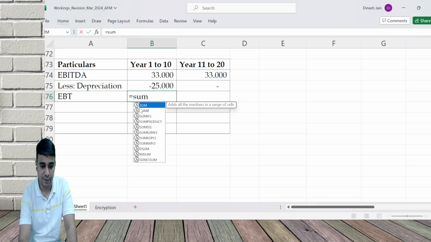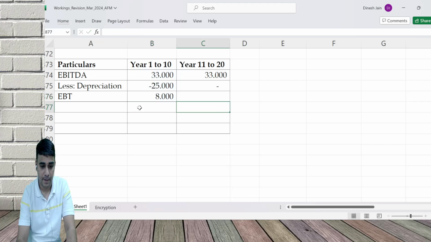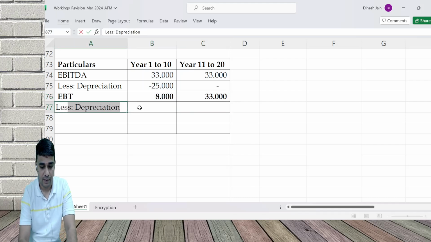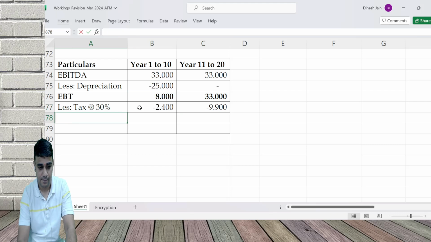EBT, earnings before tax. Less tax at what rate? EAT.